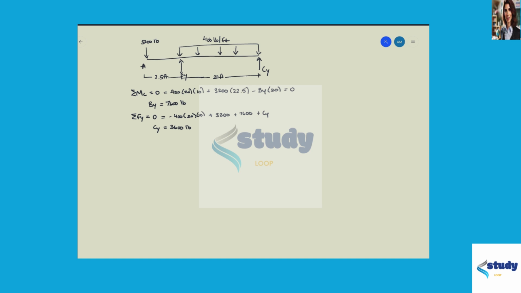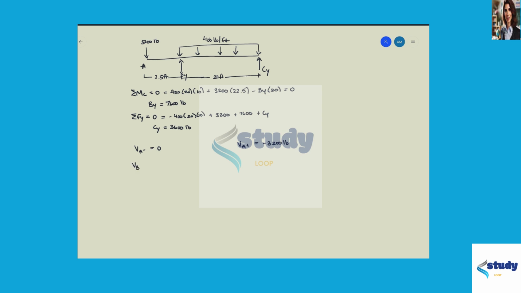We can then do our shear force calculations. Based on the points A, B, C, we would look on the left and the right of it. So VA on the left side is going to be 0. And VA on the right side is going to be negative 3,200 pounds.